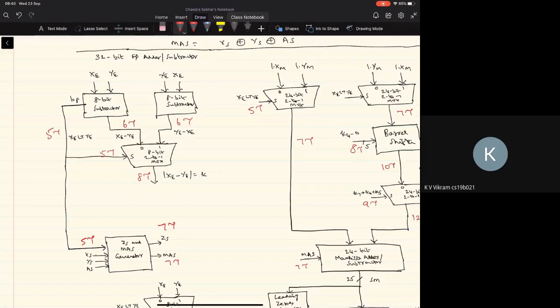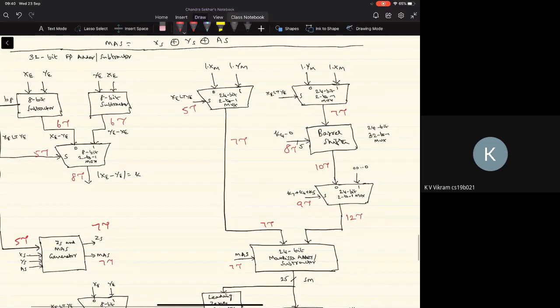So now we see that for this mantissa adder subtractor, one input is available at 7 tau, the other input is available at 12 tau, and the control signal MAS is available at 7 tau. So we need to wait for the second operand, which is available at 12 tau. Then it will take the delay of this 24-bit mantissa adder subtractor circuit.